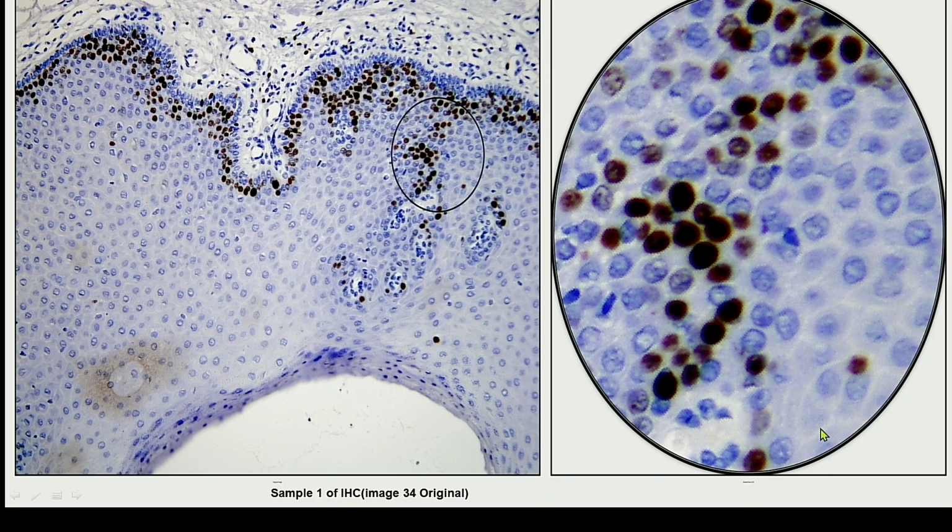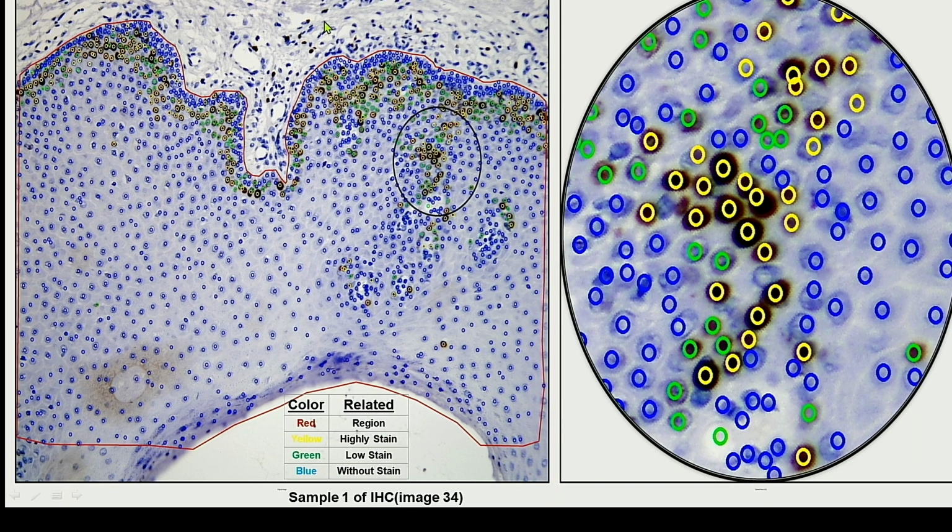So here we see some high stain, low stain, and without stain level of cells, but where is the region of interest? Now we show you, this is only between the red lines. This is the region of interest for the expert. The outside is not cells, it's just a protein.